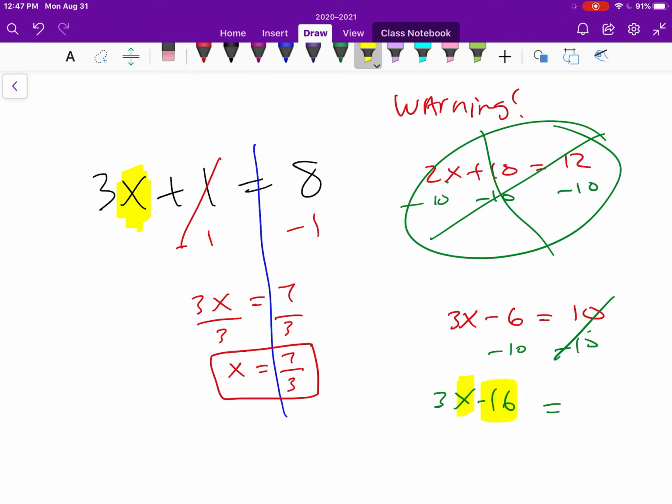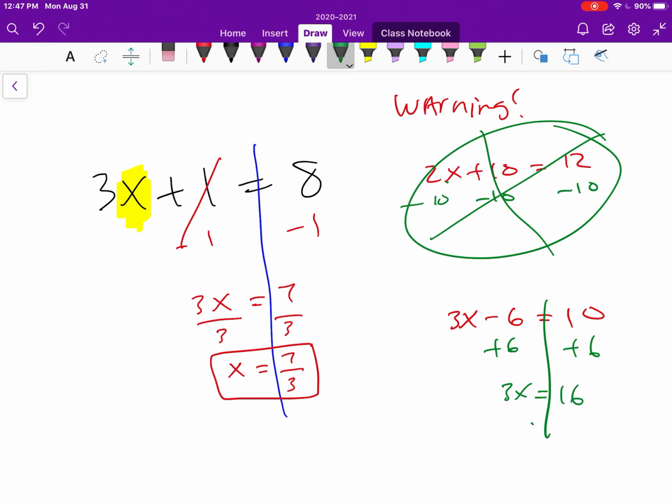Here you have it combined with that, but we don't want that. So what I would recommend is that you move this positive 6 across the river and then you'll have your 3x equals 16, and then you can solve for whatever you need to. Okay? So just be careful when you do that step, because I know some of you will do it.